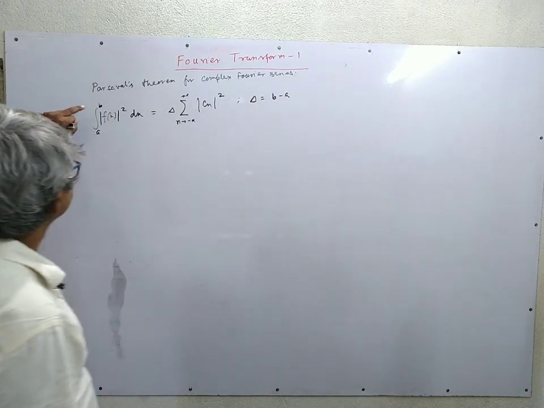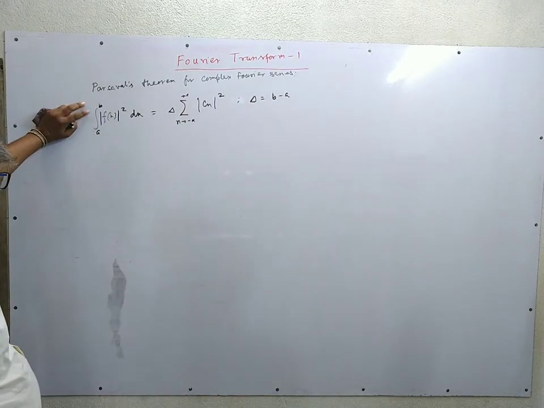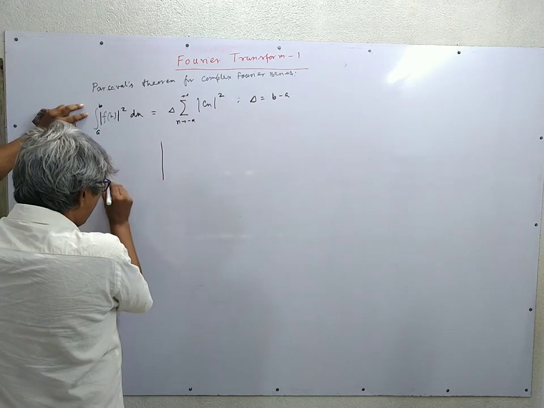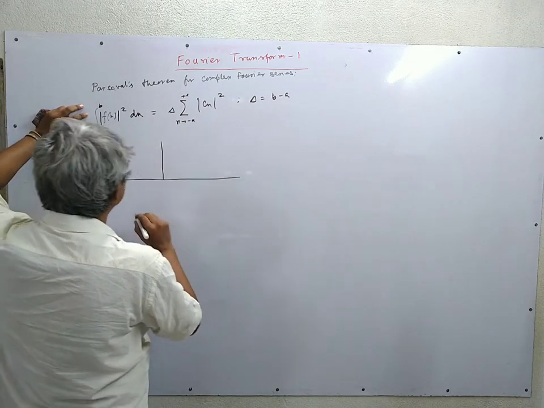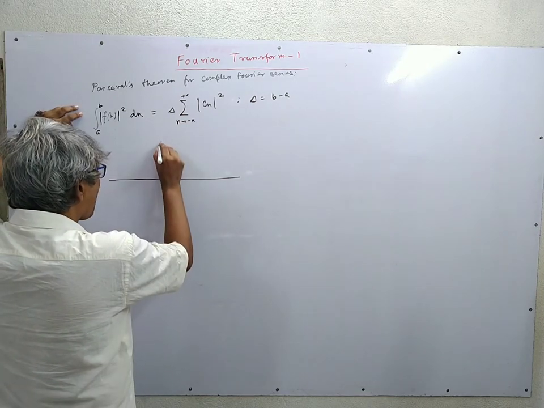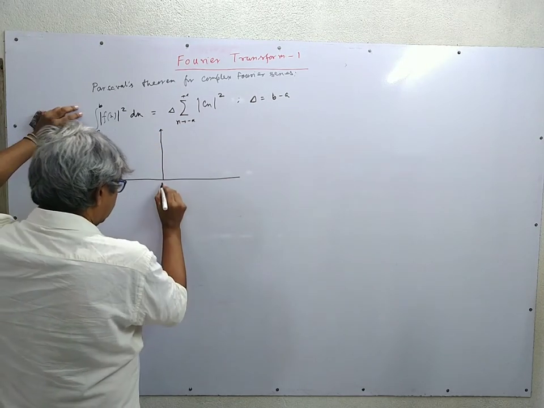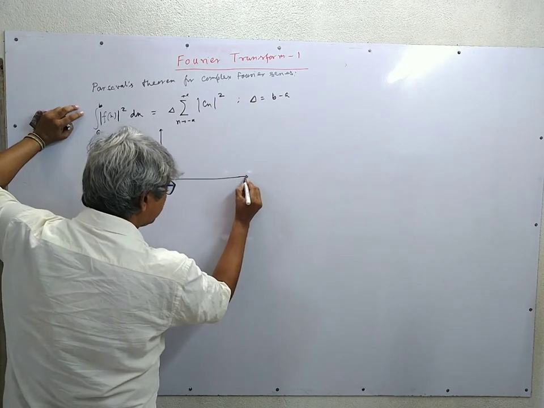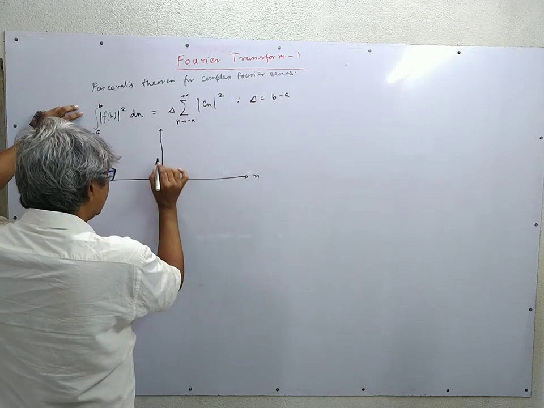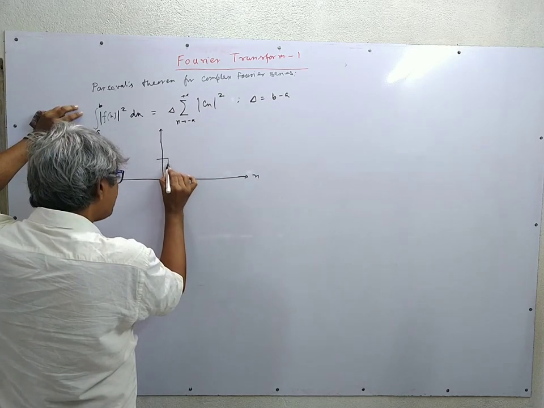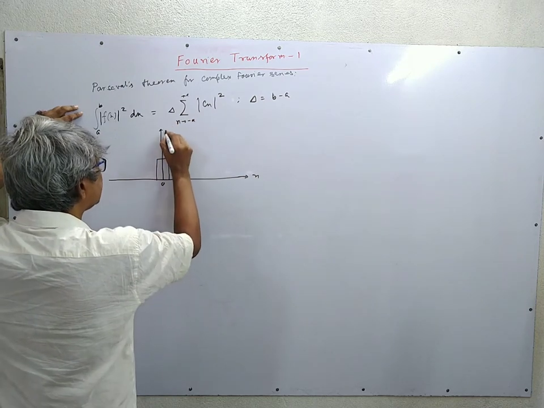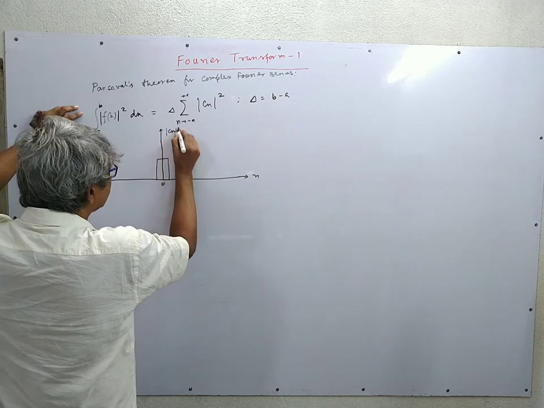Let me first have a pictorial interpretation of this. The pictorial interpretation is, this is x, this is n value. I am first writing the right hand side. Along the y axis we plot modulus Cn square.